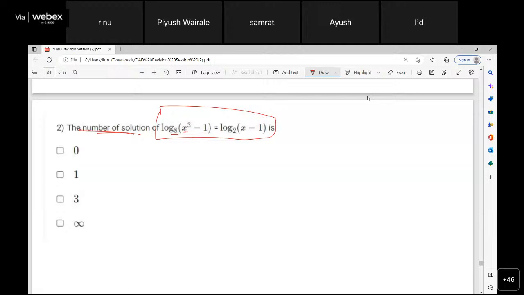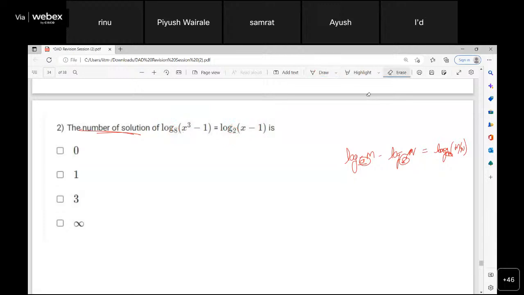How can we divide? For that, the same base should be there, right? Log of a^m minus log of a^n equals log of a^(m/n) is only applicable when there is the same base. For that, first we need to make the base the same. Now, how to make the base the same?